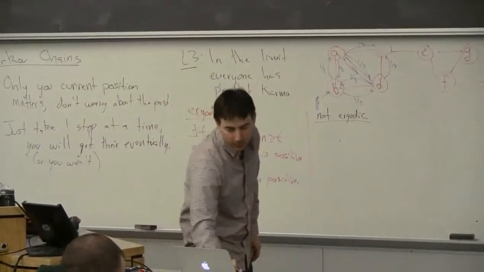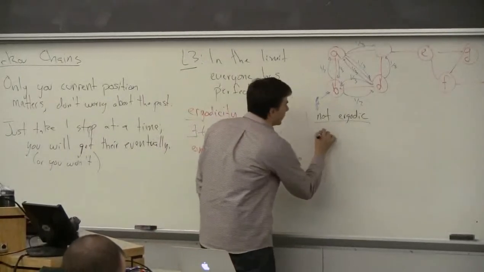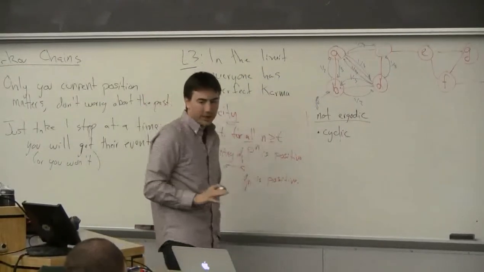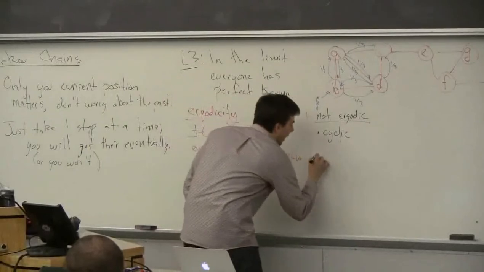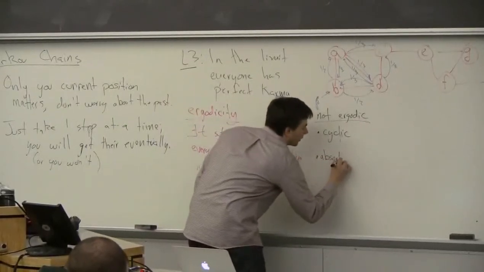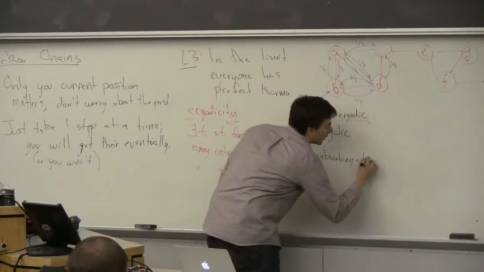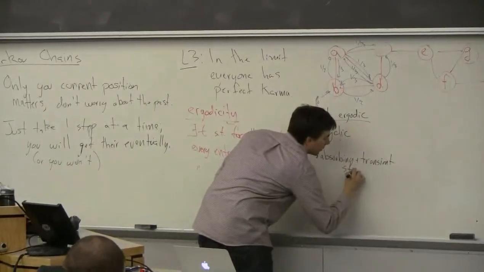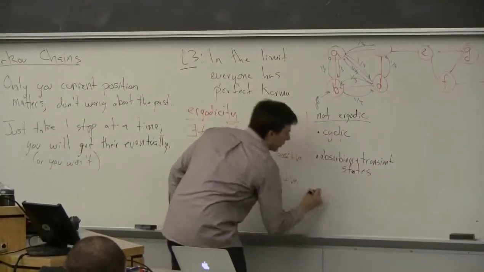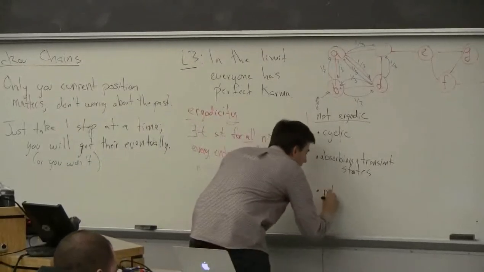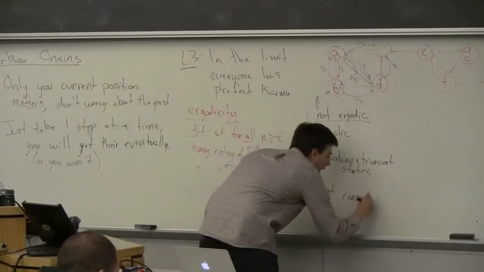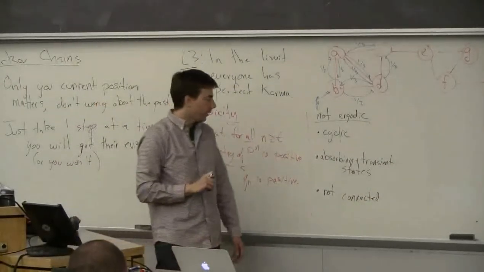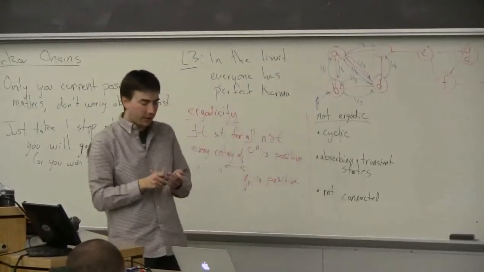It's either going to be cyclic, and I'll explain and give examples of each of these, it's going to have absorbing and transient states, or it's going to be not connected. Okay, so I'll go through examples of each of these.